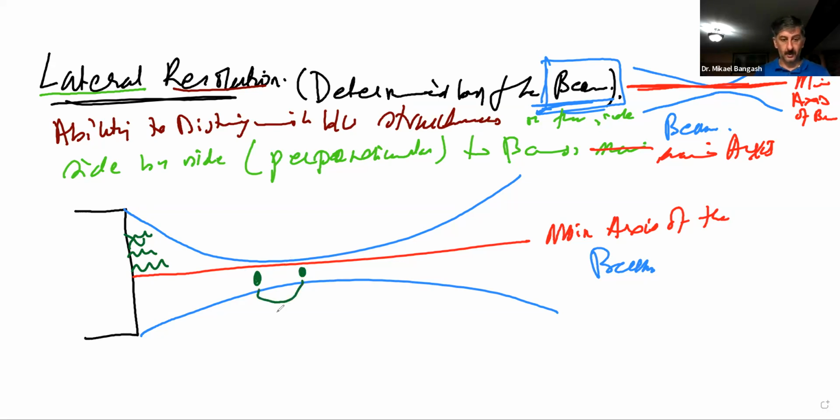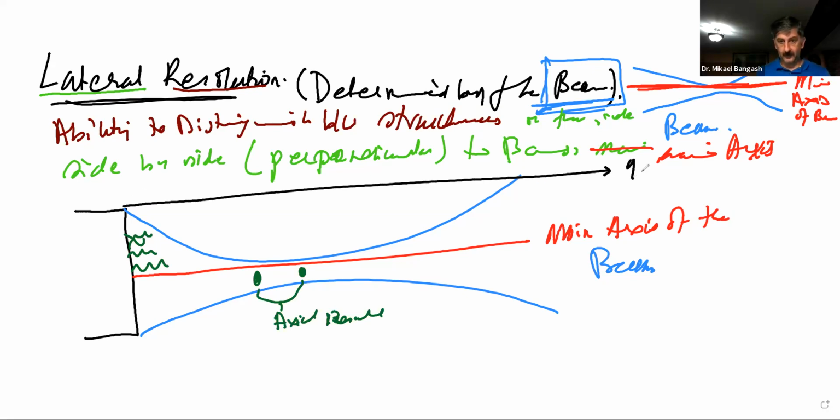That was what we call the axial resolution. Clear? We can also say, as we go from here, because this was your transducer, that it is increasing depth.